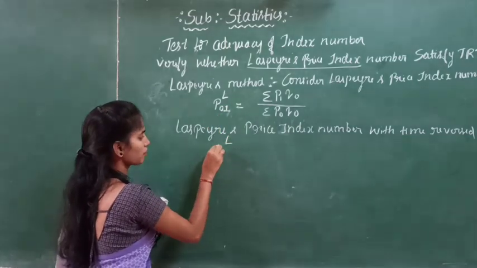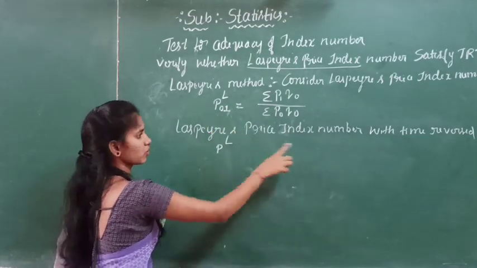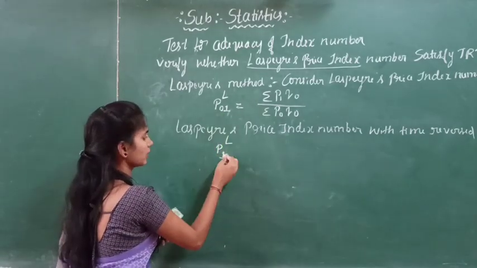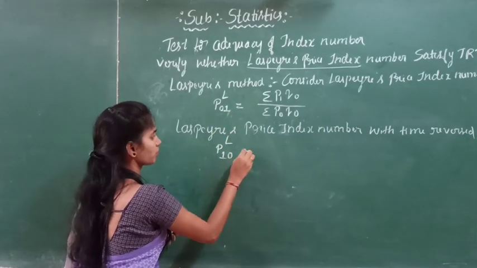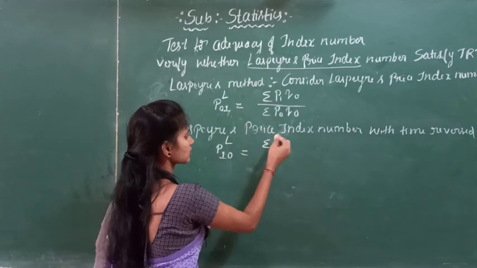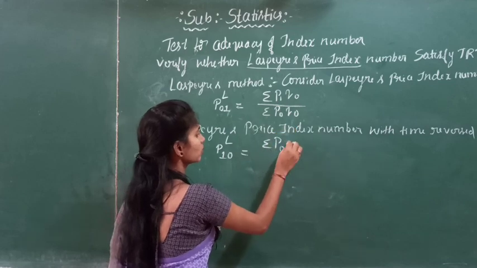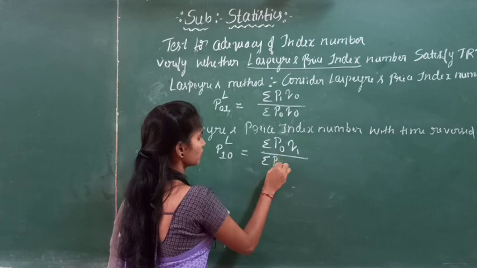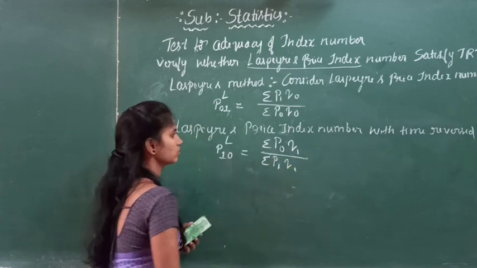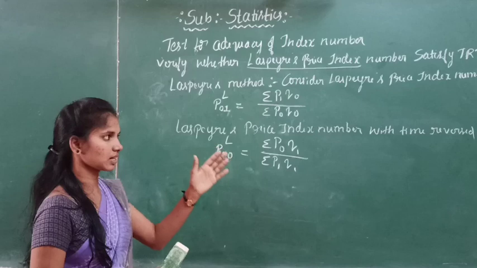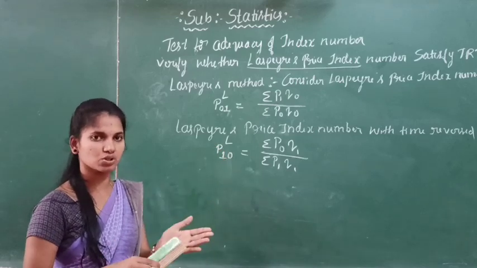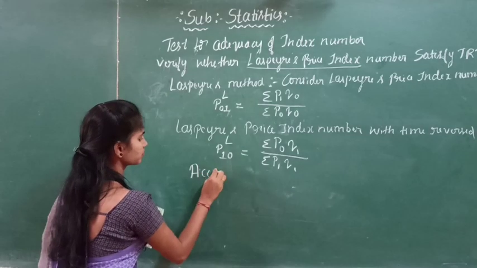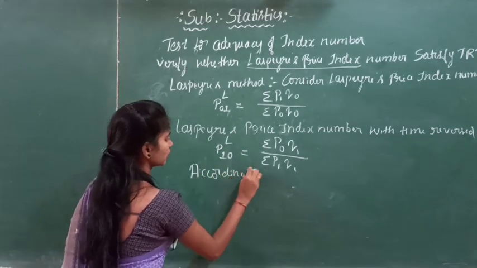So the 0 becomes 1, and the 1 becomes 0. Summation P is the same, the 1 becomes 0, Q becomes 1, divided by summation P1 Q1. This is the formula for the Laspeyres price index number with time reversed, that means interchanging of 0 and 1. And the next step, according to TRT.